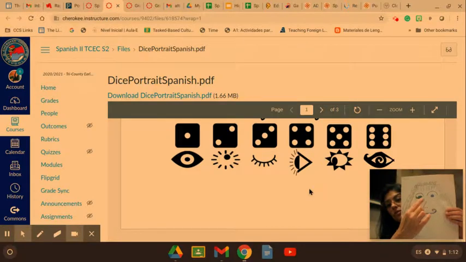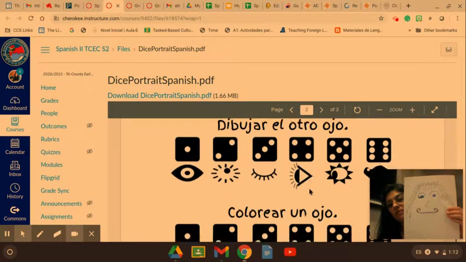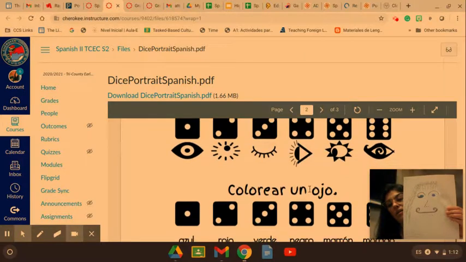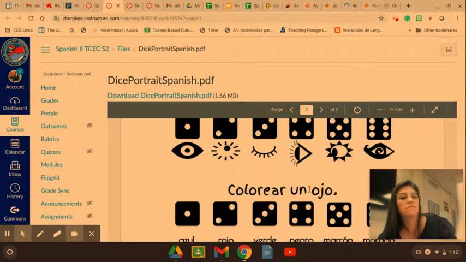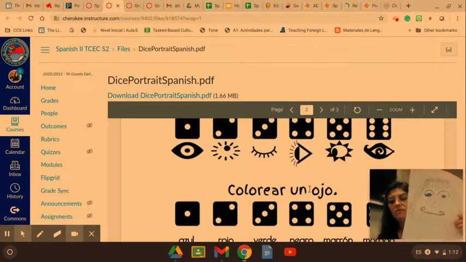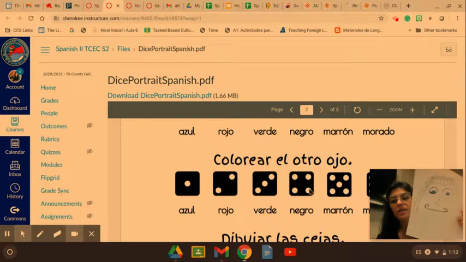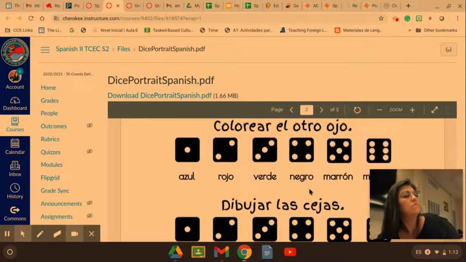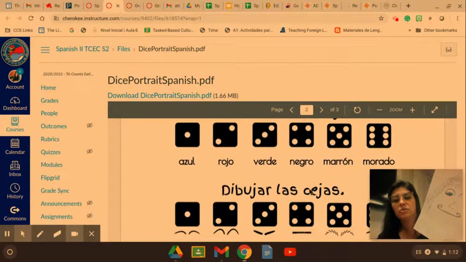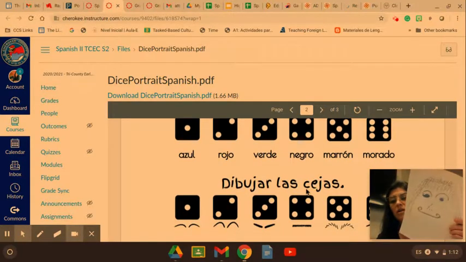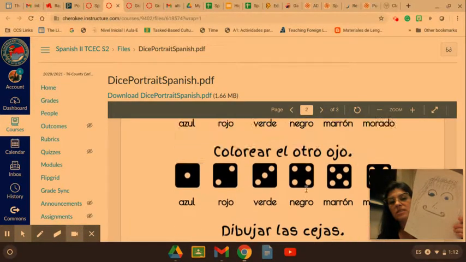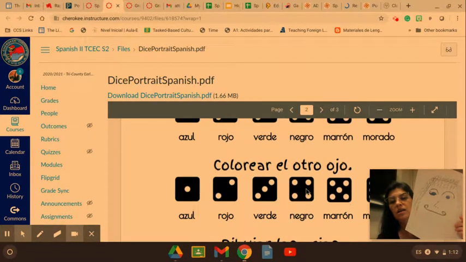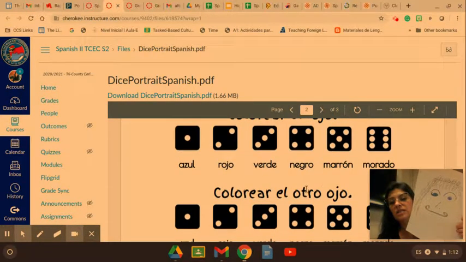This person had to have one ojo first, and rolled number 6. And then apparently it looks like maybe number 1. And then el color de ojo, one es azul, so número 1, and the other is morado, which is number 6.